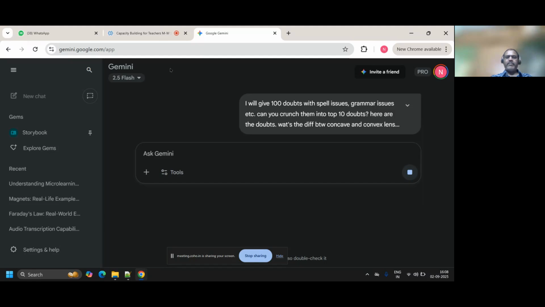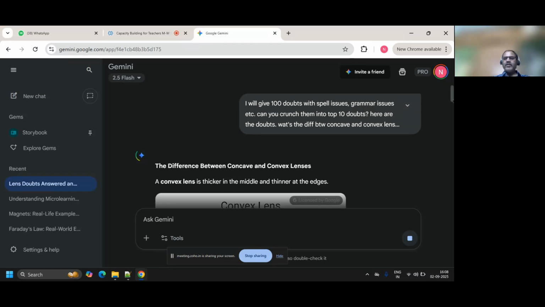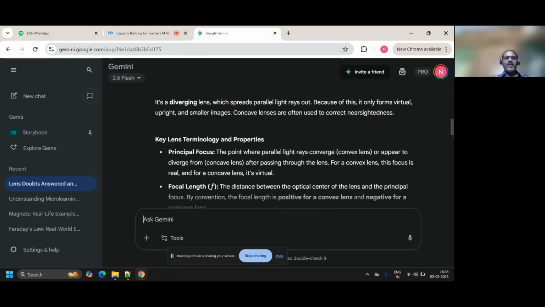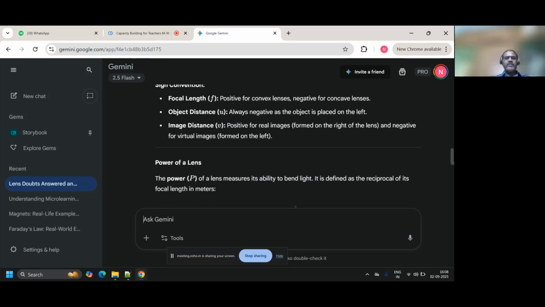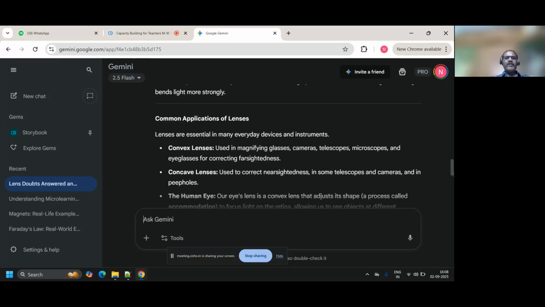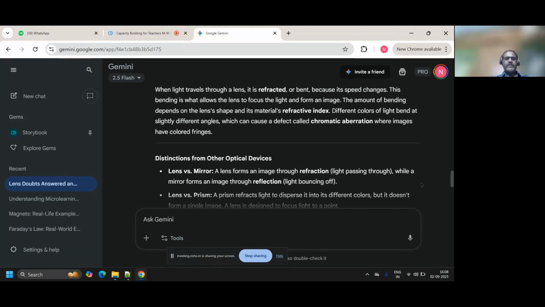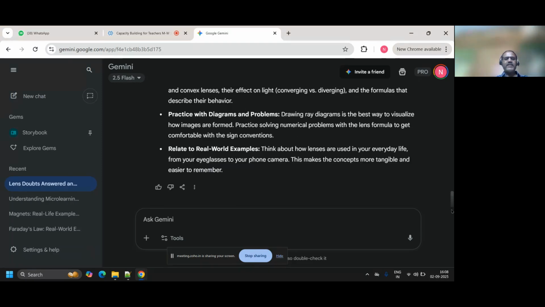I am just copying and pasting and then asking the AI engine to check. What it is doing is, it is giving me a lesson plan for the lens. Now, what it is doing is distinction from other optical devices. General tips for understanding lens, something like that it is giving.